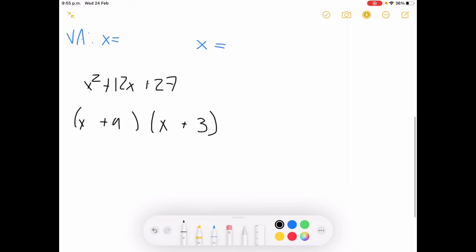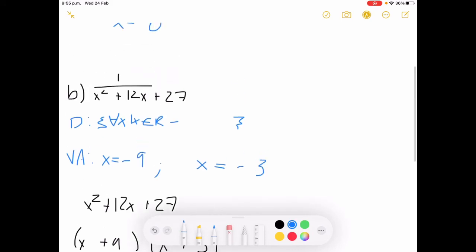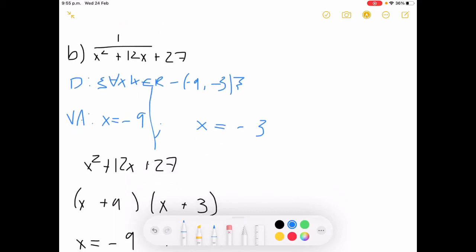Therefore, when moving them, it will be x equals minus 9 and x equals minus 3. So over here we open parentheses and we add minus 9, comma, minus 3. And that's how you solve these problems.